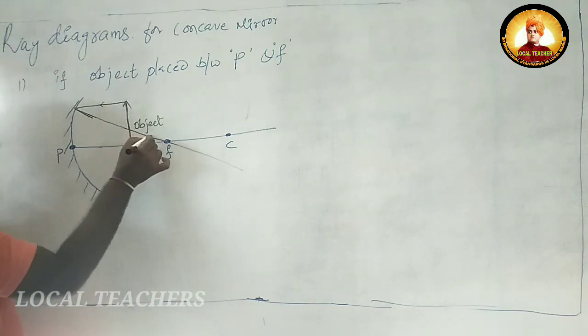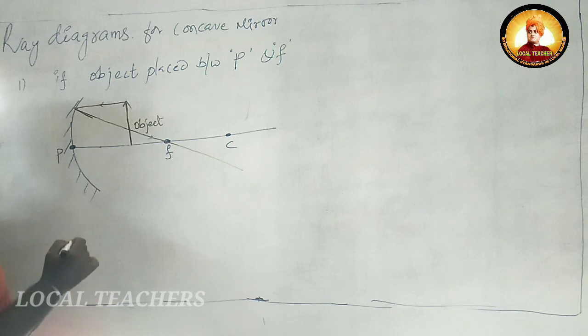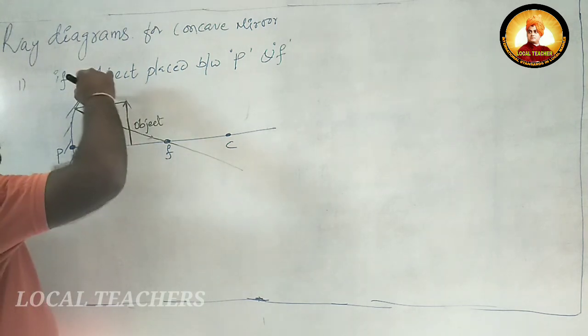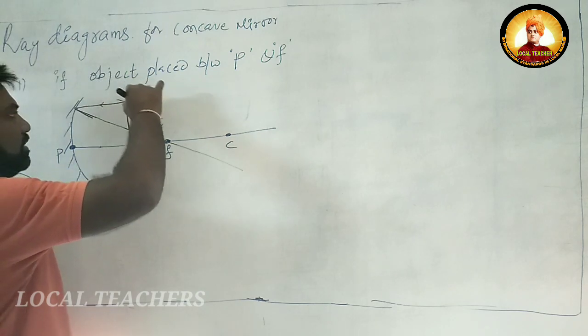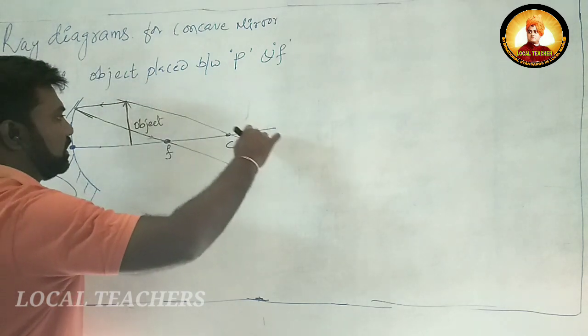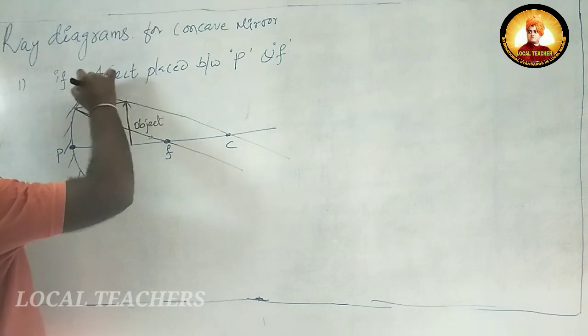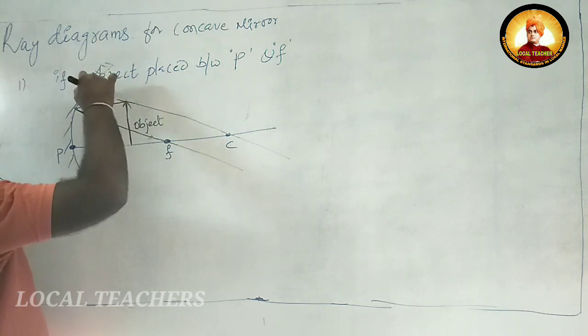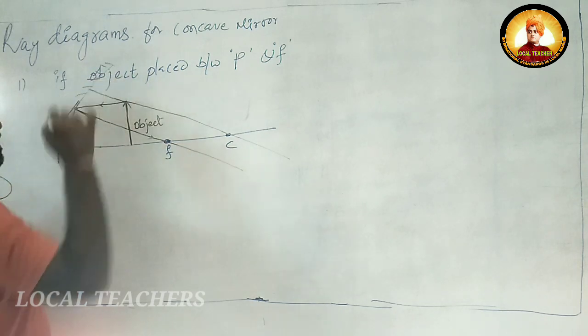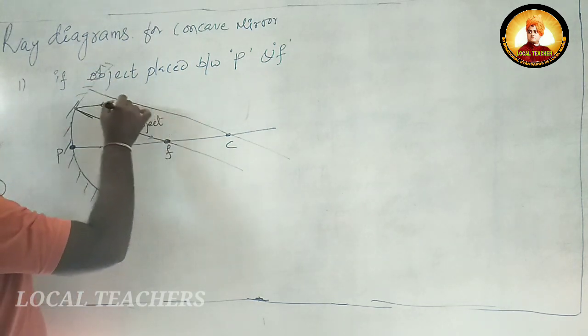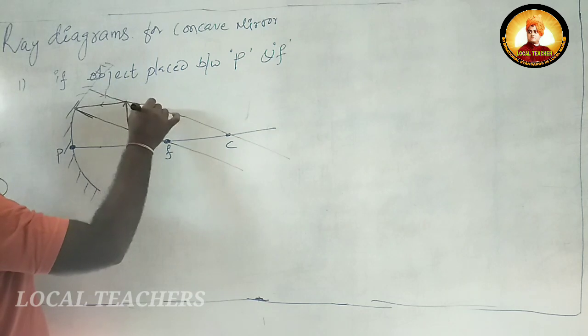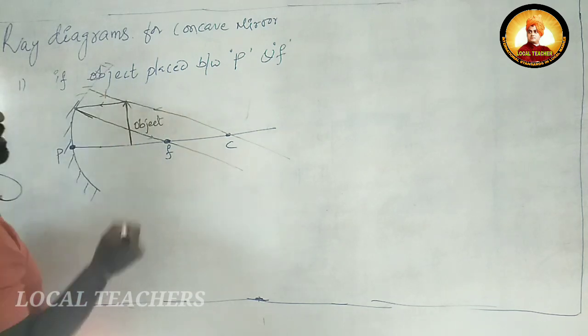This is the reflected ray which passes through the focus point. Next, the ray I am considering is the one passing through the center of curvature. The ray coming from the center of curvature will reflect in the same way. Here it is the reflection and it is the incident.